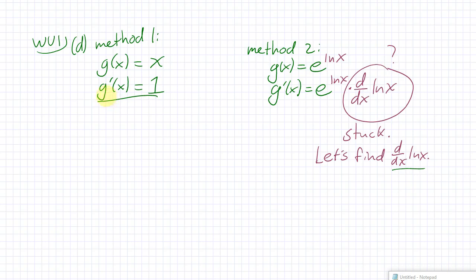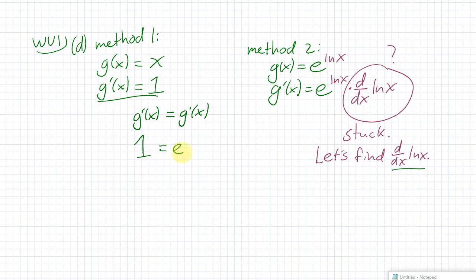So whether you do g prime of x this way, or you do g prime of x this way using the chain rule, both of them are g prime. So we can say that the g prime of x from method 1 is equal to the g prime of x from method 2, because they're both legitimate rules. I didn't break any algebra rules or anything.